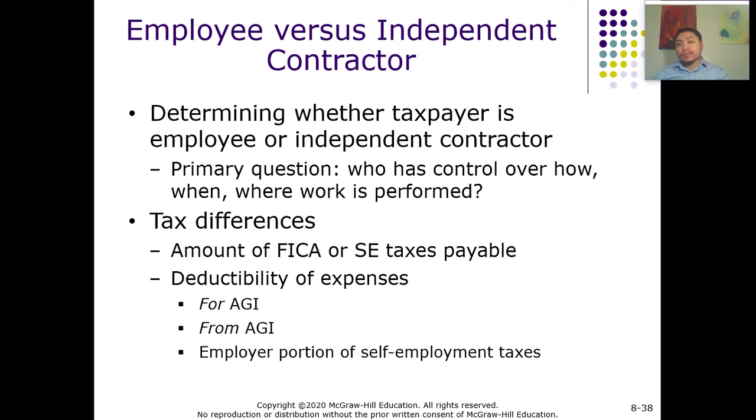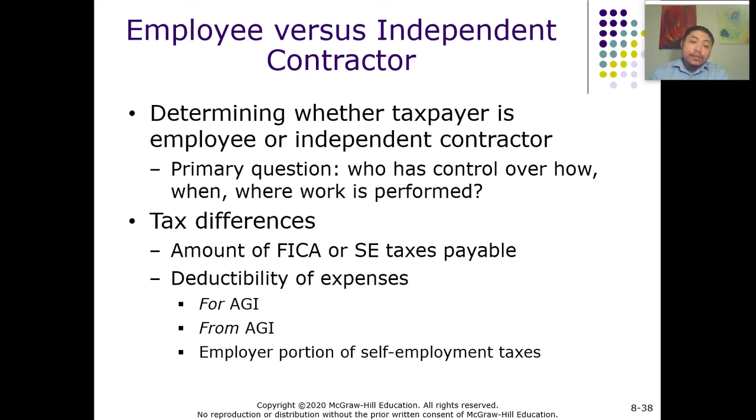Right, so here are some examples of the factors that the IRS wants you to use to classify yourself, whether you are an employee or an independent contractor. If the answer to these questions is yes, then most likely the person can be considered an independent contractor, right?